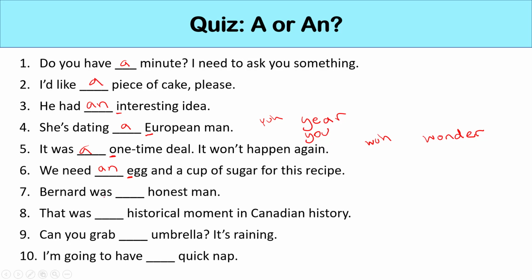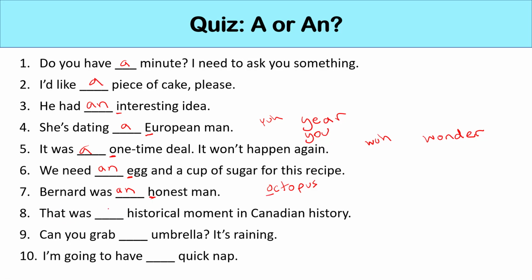Number 7, Bernard was an honest man. The word honest begins with a consonant, but again, it has a vowel sound. The H is silent. Honest man, like octopus, has a vowel sound.